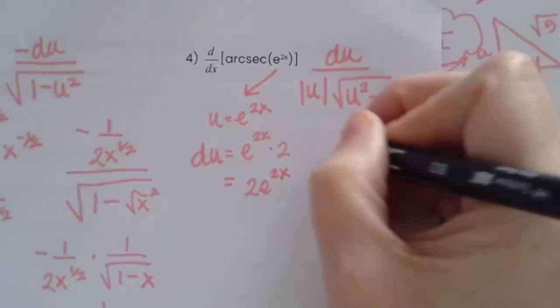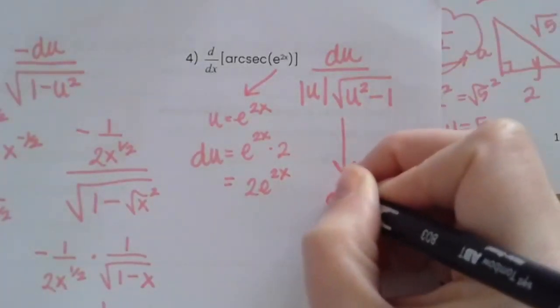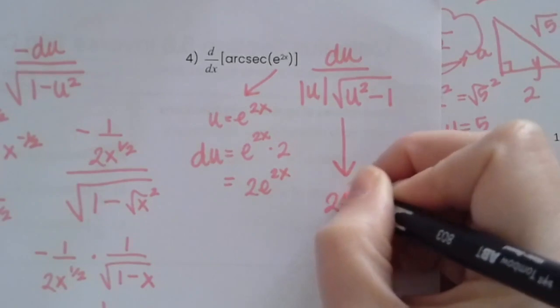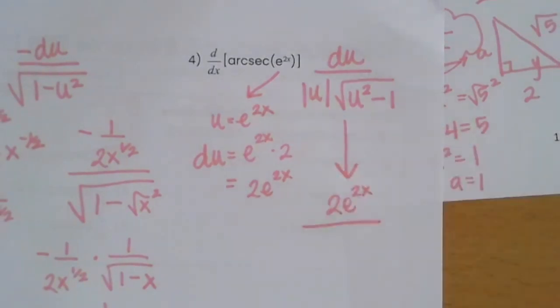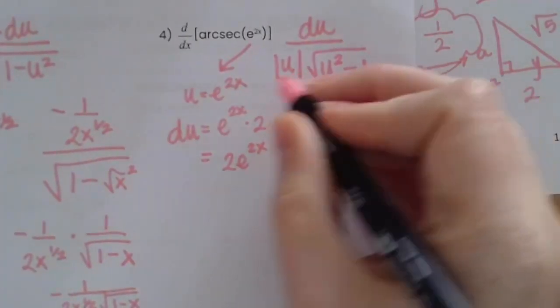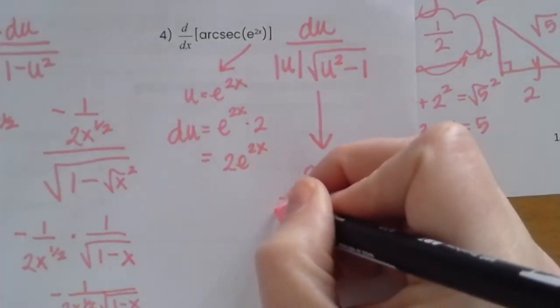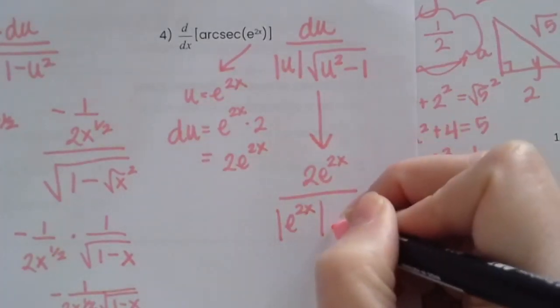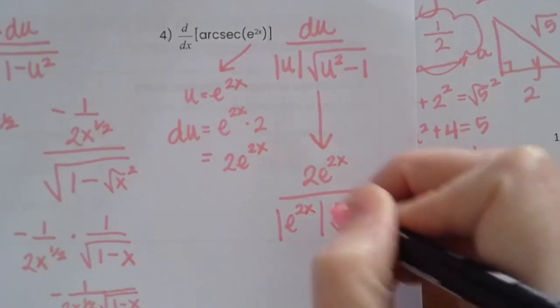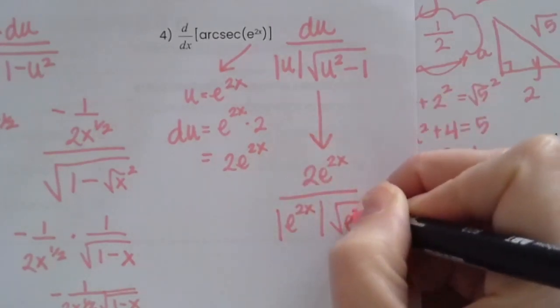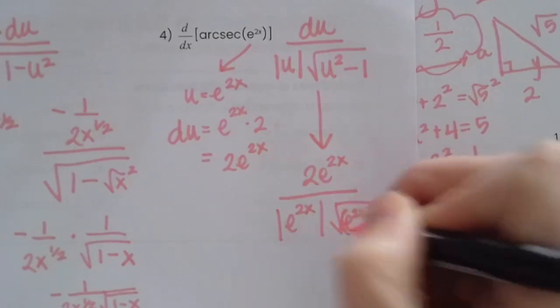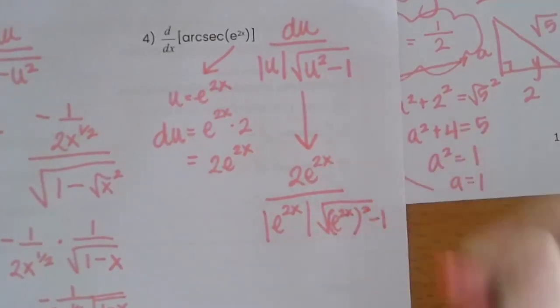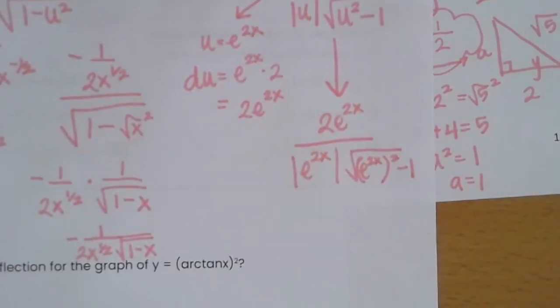So that's my du. So let's go ahead and start putting things where they belong. So 2e to 2x, there we go. And then u, well, that was this one right here, so we have the absolute value of e to the power of 2x, and then square root of u squared, so e to the power of 2x, and then we're squaring it, minus 1. Now, a couple of things right here.